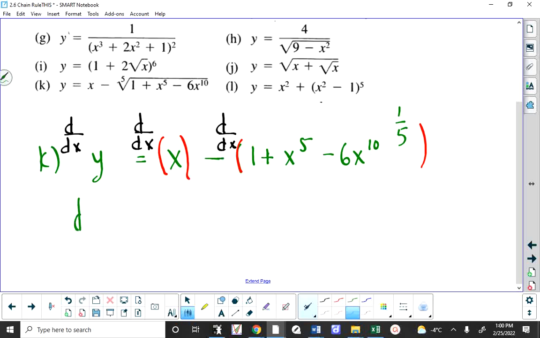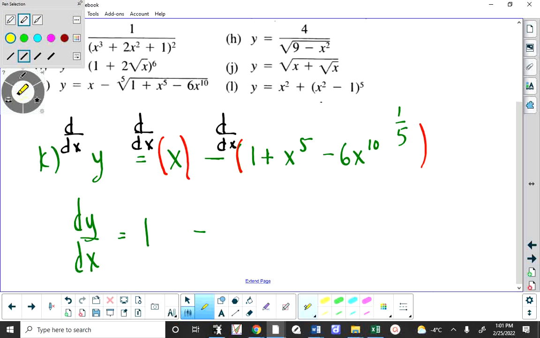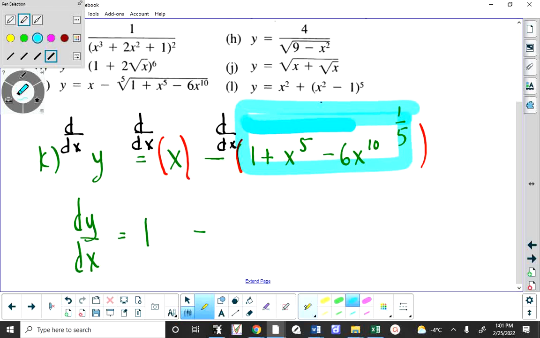So this is dy/dx. What is the derivative of x with respect to x? It is 1. Minus, how do we find the derivative of this thing? Well, this thing is a power.